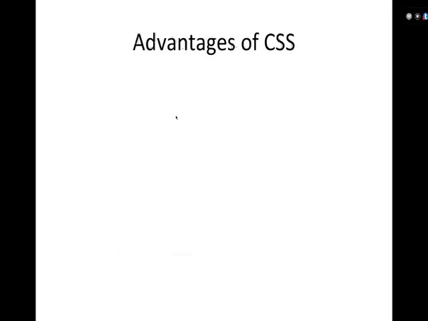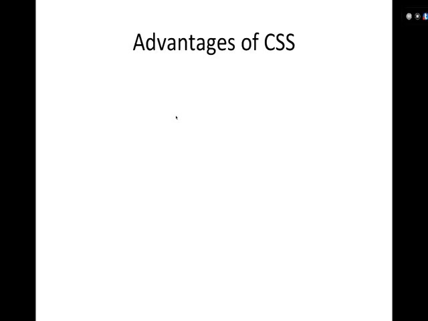So the advantages of CSS, you'll start seeing a little bit more as we walk into the examples today. But the main advantage is that it allows us to have a great deal of control over the way that we present the information on our pages. And the way that I mean that is that we can set up a set of rules that will apply to an entire website.